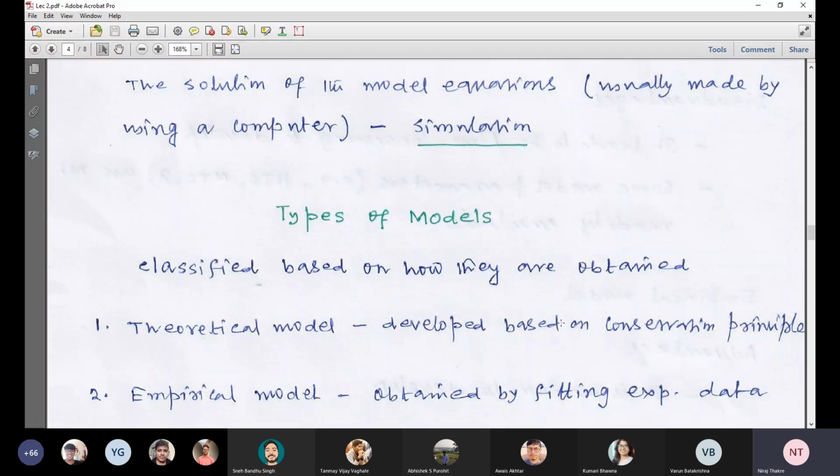So let us start with the classification of models with this theoretical versus empirical model. Theoretical model is developed based on conservation principle.